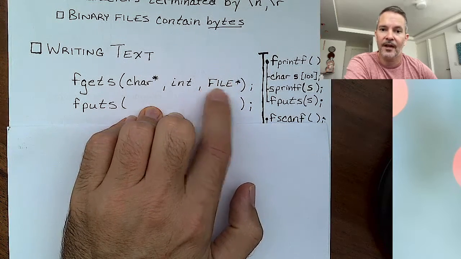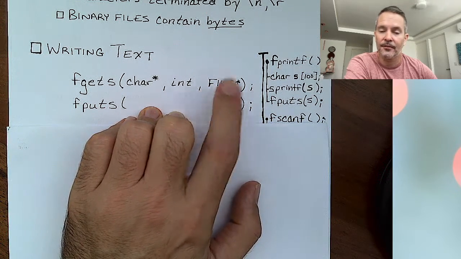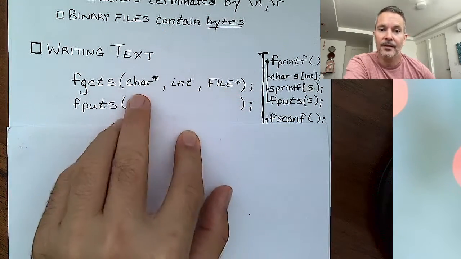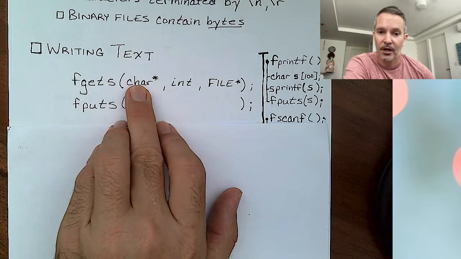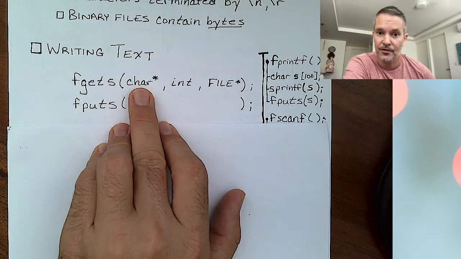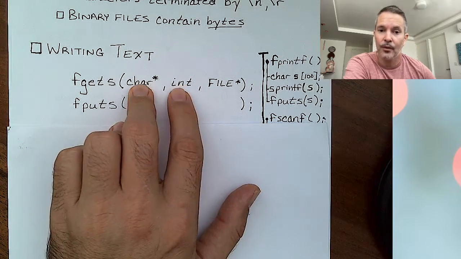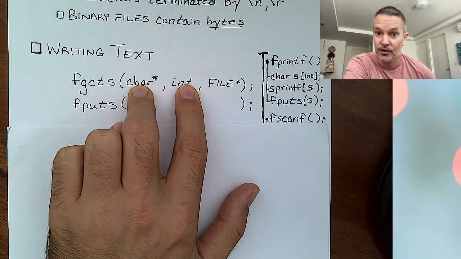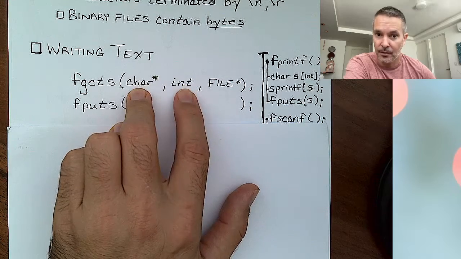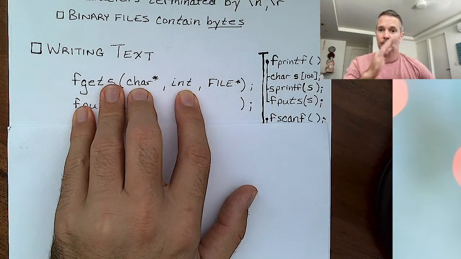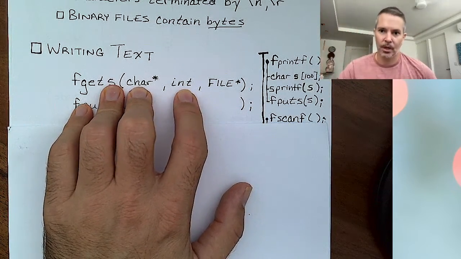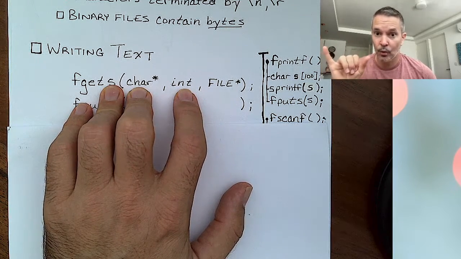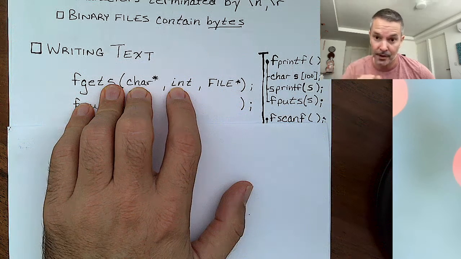The file parameter here should be the file that you've opened, and then you're just going to say, here's my character array that I want to store data into, and I want you to read X number of characters out of the file and store them in my character array. Now, fgets will stop reading if it hits the new line.